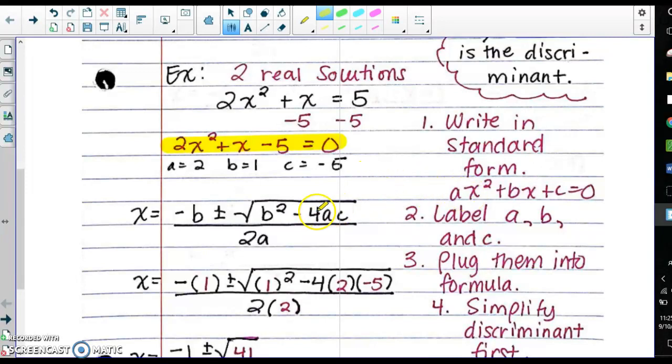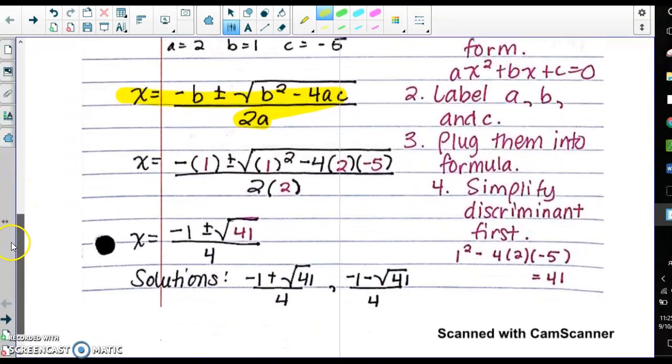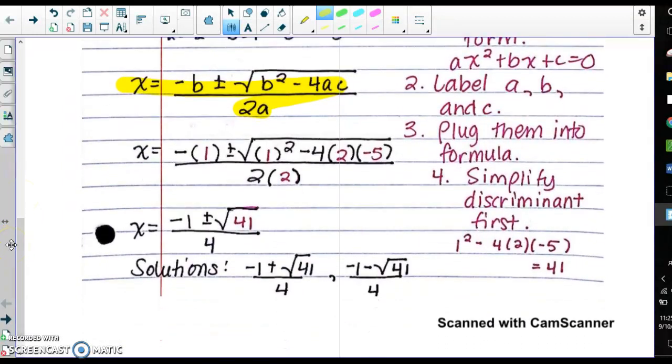All right, once you have labeled A, B, and C, then plug them into the formula. The formula is, again, opposite B plus or minus square root of B squared minus 4AC all over 2A. So you're going to plug it in.